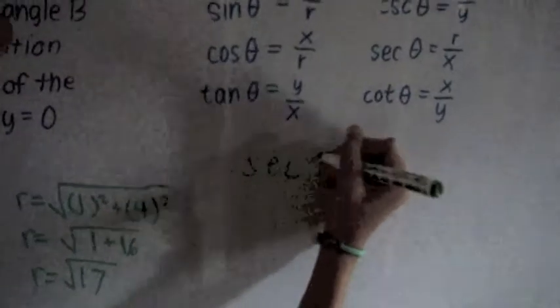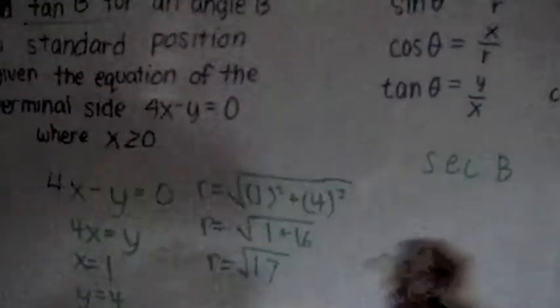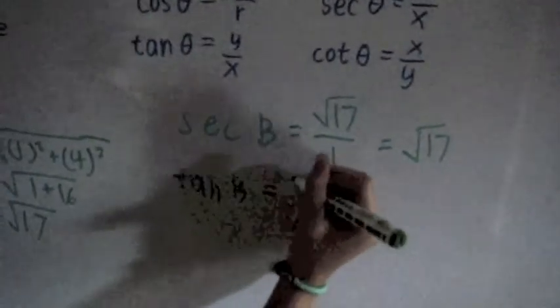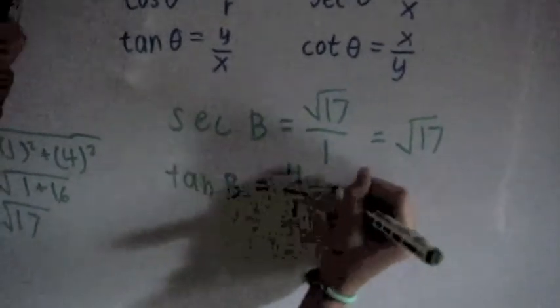So we're looking for secant B and tangent B. So secant B is equal to r over x. So that's square root of 17 over 1, equal to square root of 17. And tangent B is equal to y over x. So that's 4 over 1 equals 4.